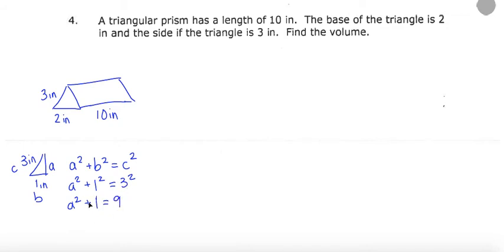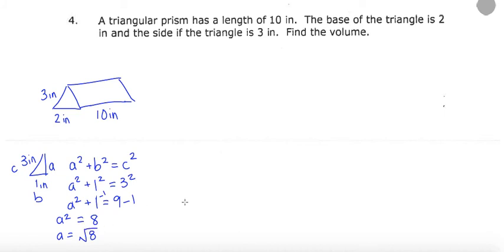Moving our 1, or eliminating our 1 from this side, we do that by subtracting. So we're subtracting 1 from each side. So we have A squared, these two cancel each other out, is equal to 8. And now we need to go from A squared to A, and we do that by doing the opposite of squaring, or finding the square root of 8.